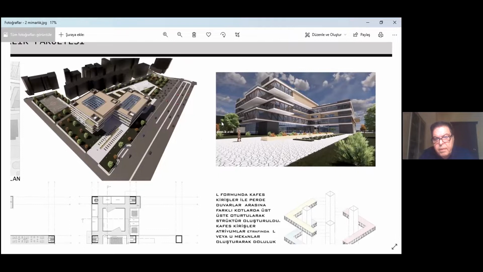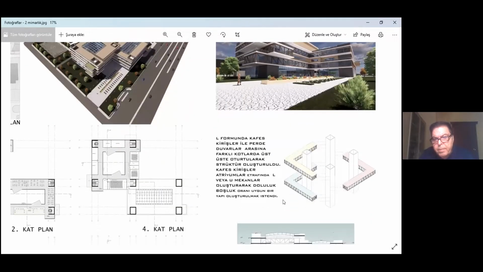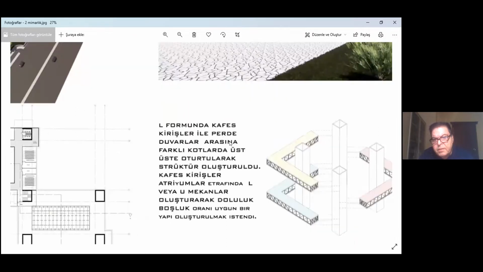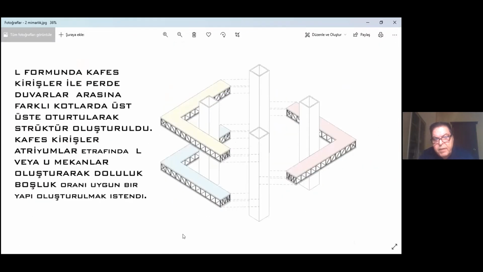So he used long span 3D steel structures to obtain an architectural, technological expression. That was the exploded diagram of the Faculty of Architecture.